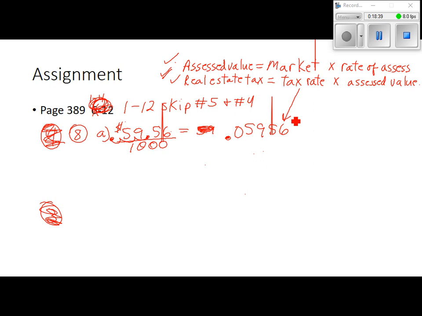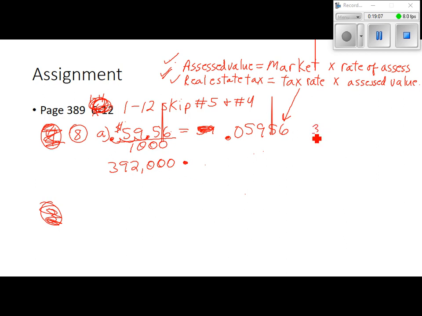Part A, on number 8, says find the assessed value. Well, for the assessed value, we take the market value times the rate of assessment. The market value this time was $392,000. And we're going to times that by the assessment rate, which they told us was 35%.